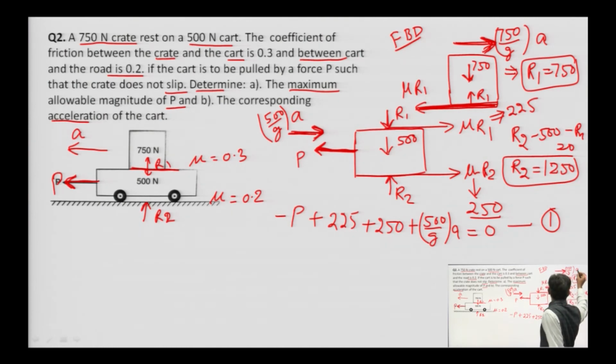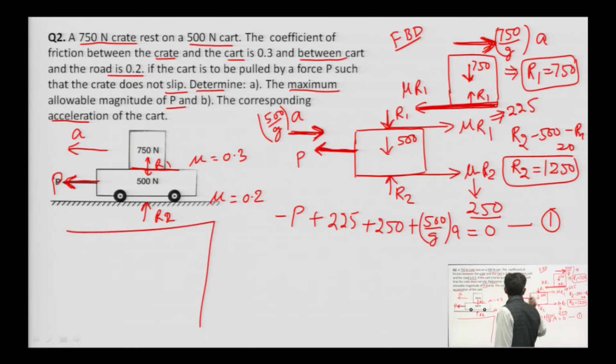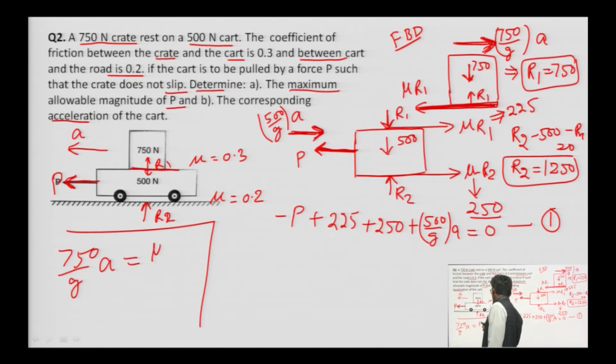Then we can calculate the value of A by equating mu R1 to this one. From the free body diagram of this one, 750 by G into A will be equal to mu R1, which we have calculated as 225.